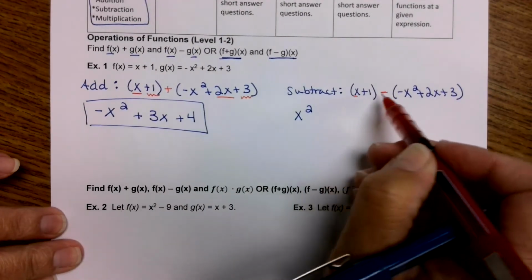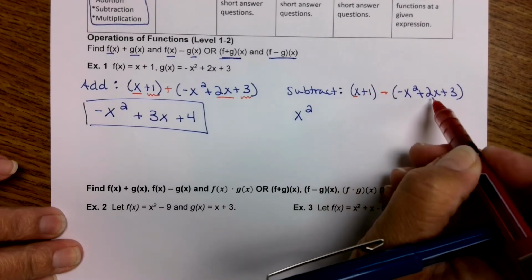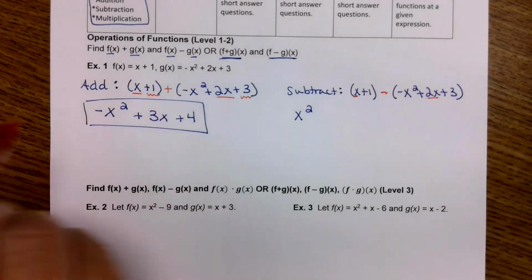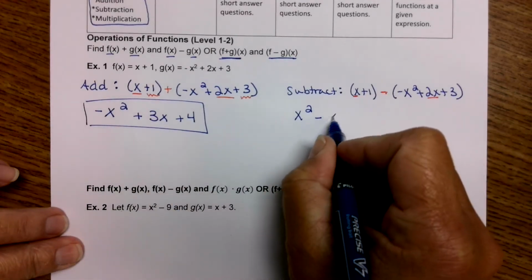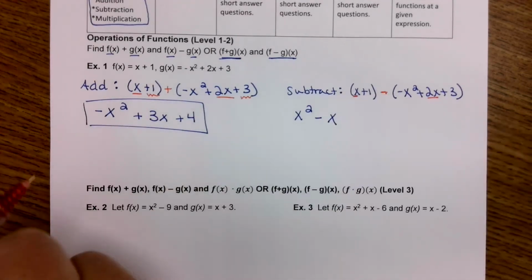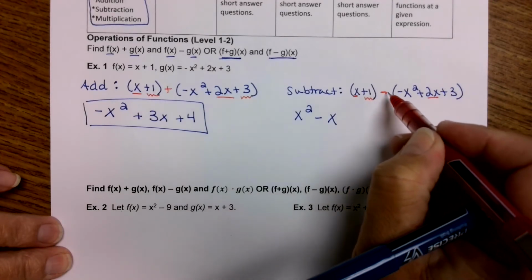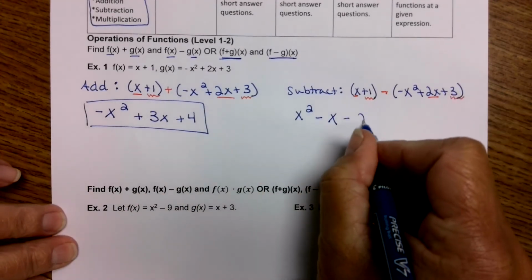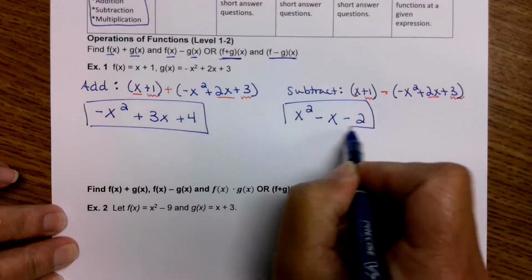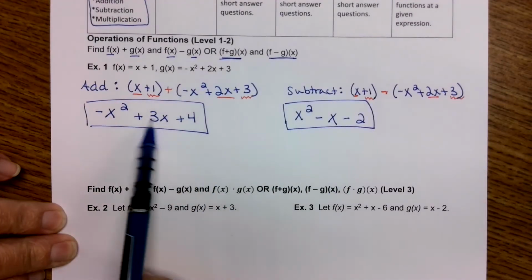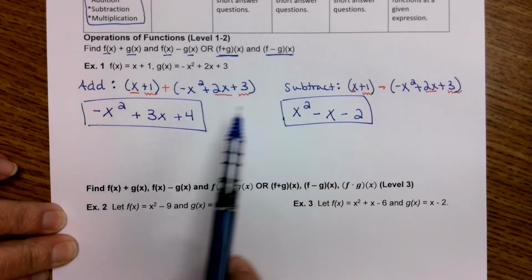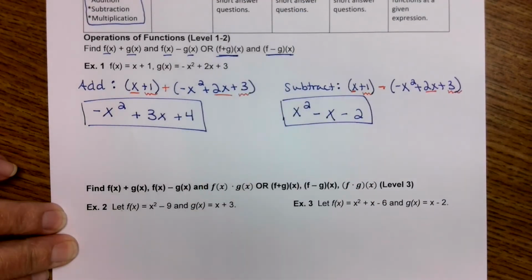We have x minus 2x. So 1 minus 2 is negative 1x. 1 minus 3 is a negative 2. If you have both of these correct, that would put you in the 2 category. If you have one correct and not the other, that would put you in the 1 category.